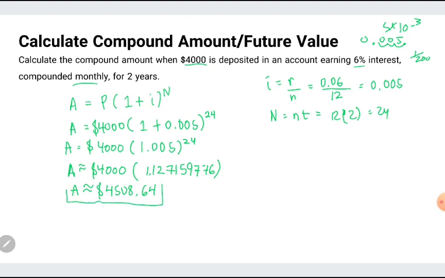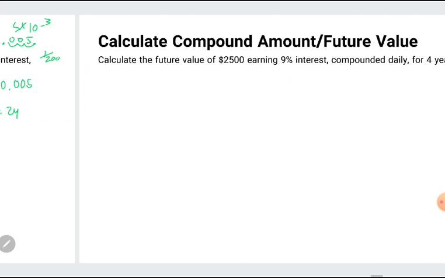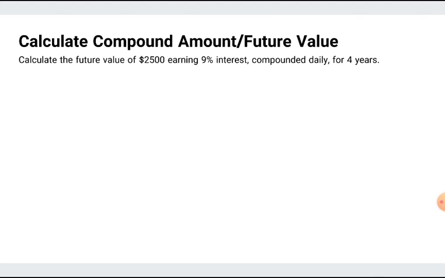Again, this is just an approximation since we rounded off the decimal places. Okay, so now you are asked to compute for the future value. Again, this is the same as the compound amount. Your principal is 2,500 and the R is 9% compounded daily. So 360 compounding periods in a year for 4 years.